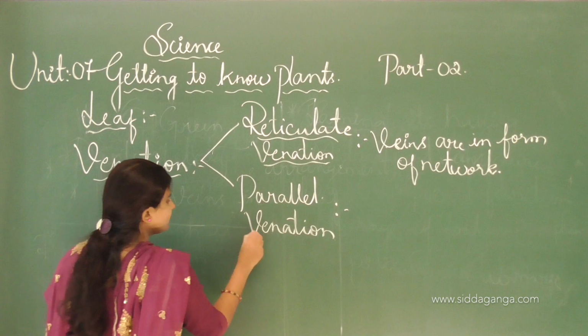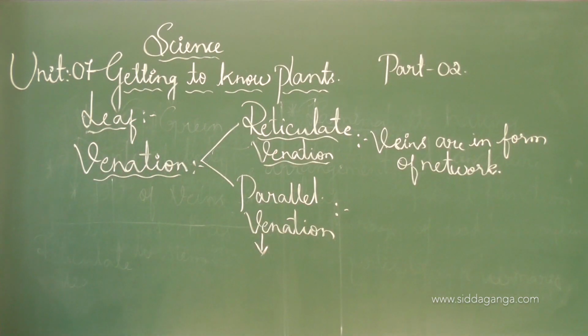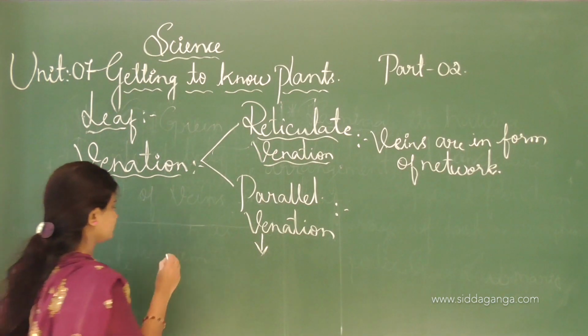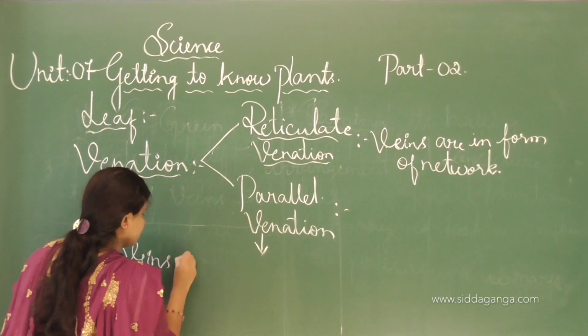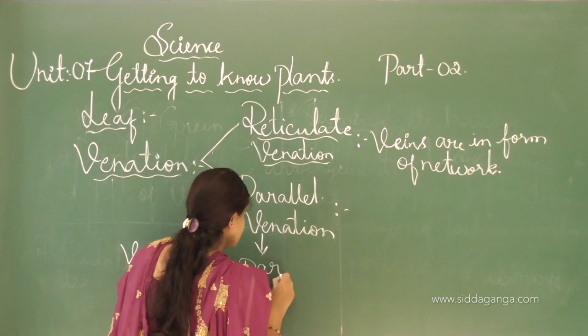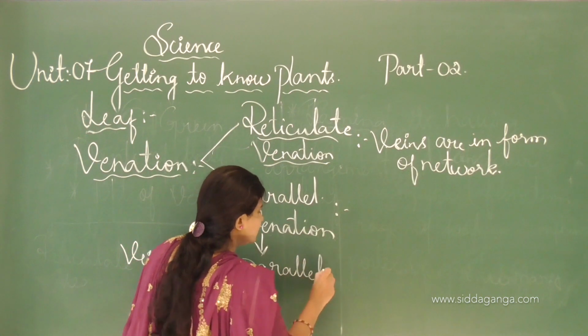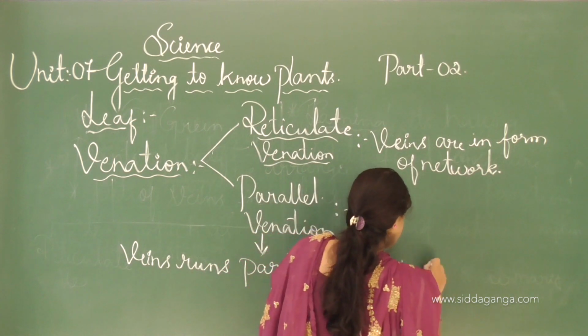Whereas in parallel venation, the veins run parallel to each other.